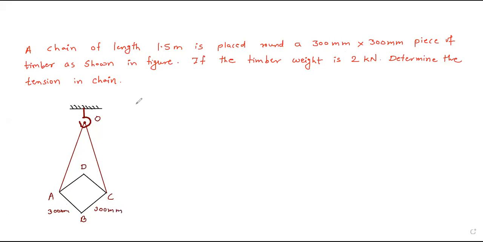So it is a square piece of timber, and you should know the property of the square. I will join the two diagonals of the square. For a square, the diagonal equally bisects the angle. So this angle will be 45 degree, and so will the other angles. This is the property of the square.